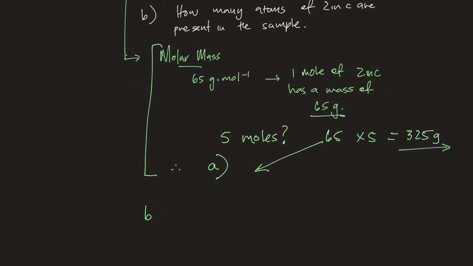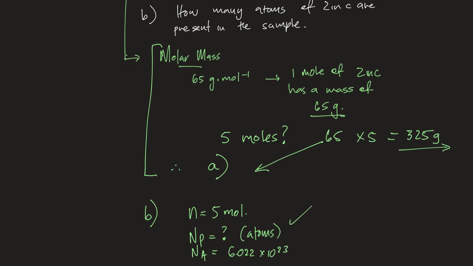Then question B says, how many atoms of zinc are present? Okay, so now you've got N is equal to 5 moles. That was given to you. And they're looking for NP, which you don't know. And they're looking for atoms. And you know NA, which is 6.022 times 10 to the power of 23. Info done.